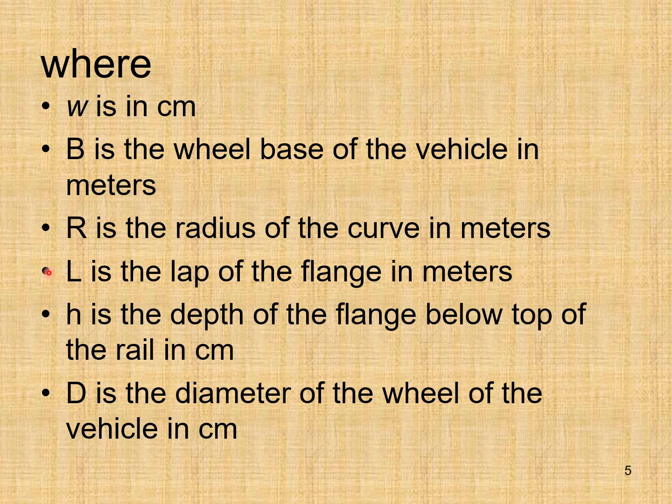The length which is being covered by the flange is basically the lap of the flange. H is the depth of the flange below top of the rail in centimeter. D is the diameter of the wheel of the vehicle in centimeter. So you must be very particular about the units because some variables are in centimeters, some are in meters.